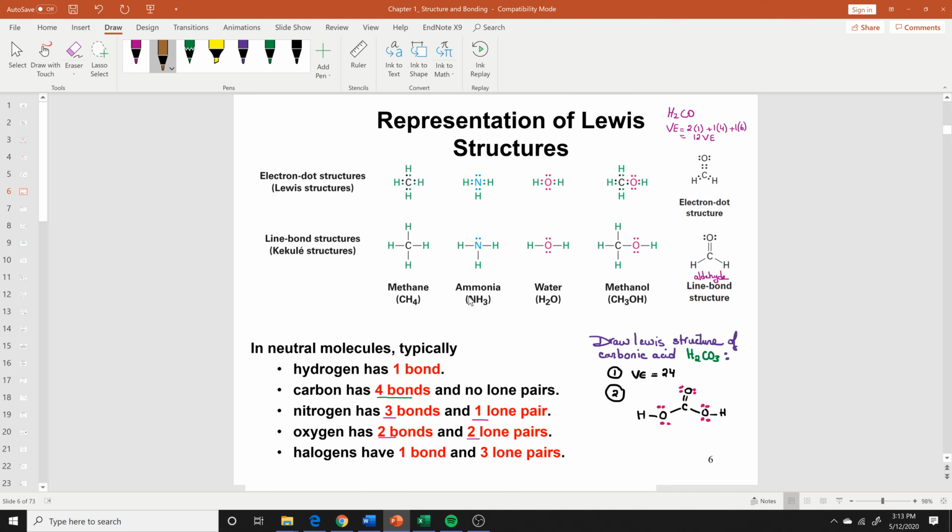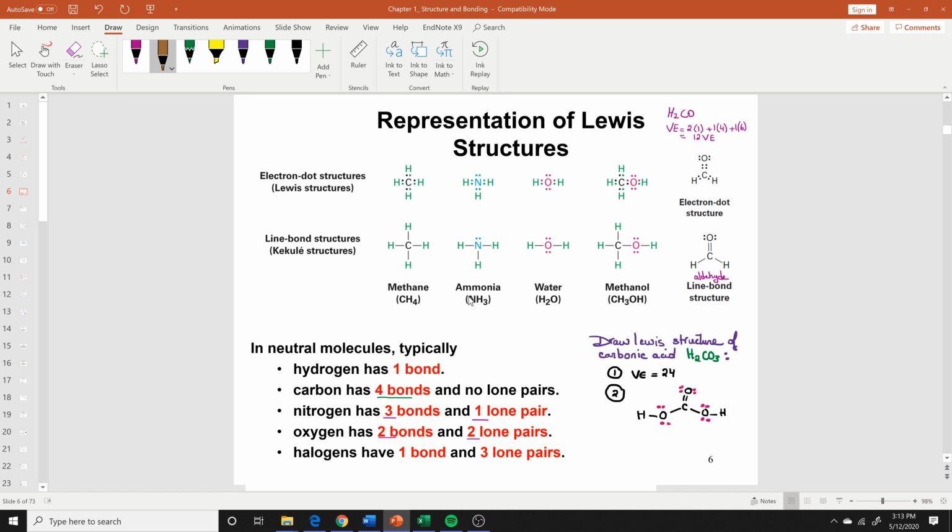So these are examples of the representation of Lewis structures. And as I said, there are different ways to represent a Lewis structure. There is the electron dot structure, and there is the line bond structure. And we are going to use both or just one of them.